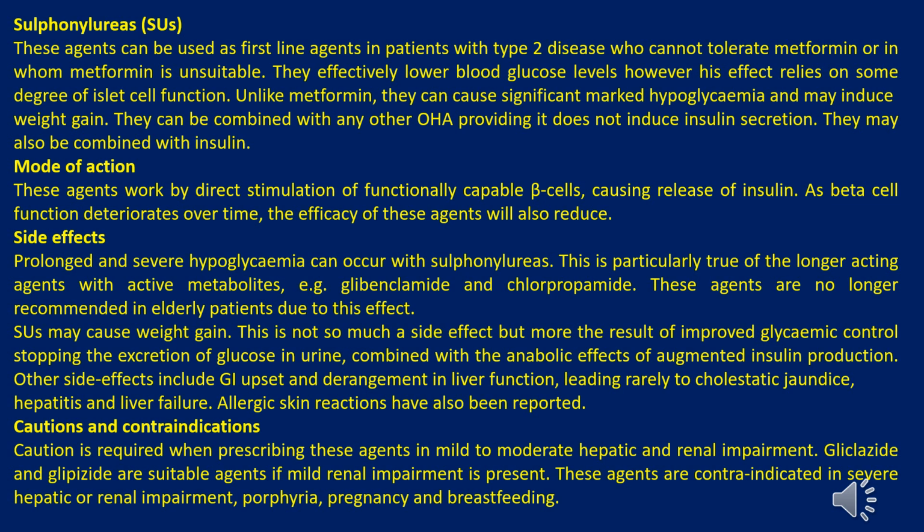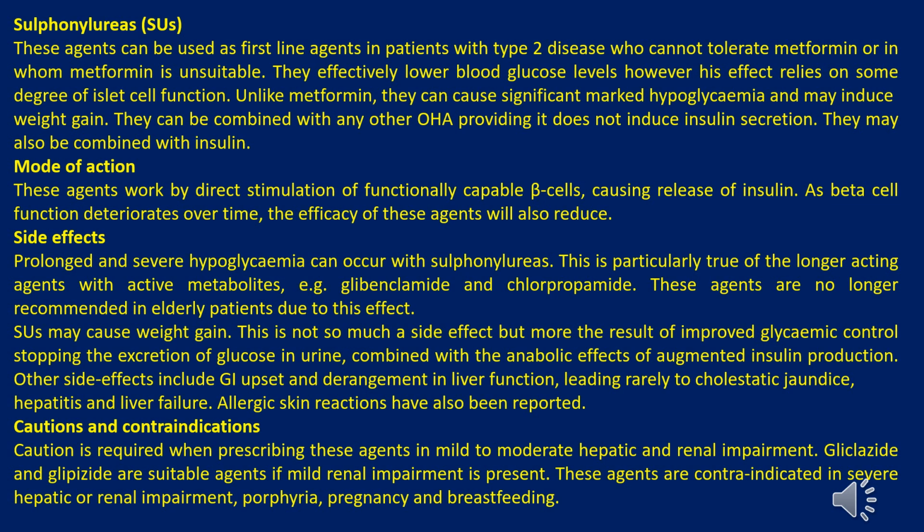Regarding their side effects, prolonged and severe hypoglycemia can occur with sulfonylureas. This is particularly true of the longer-acting agents with active metabolites, e.g. glibenclamide and chlorpropamide. These agents are no longer recommended in elderly patients due to this effect. Sulfonylureas may cause weight gain.